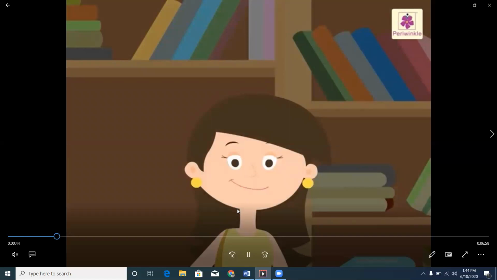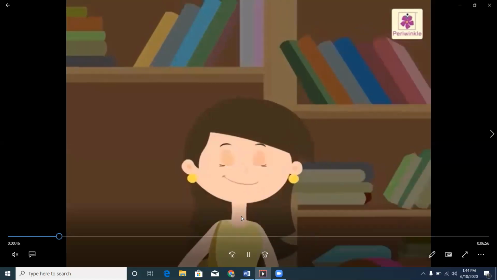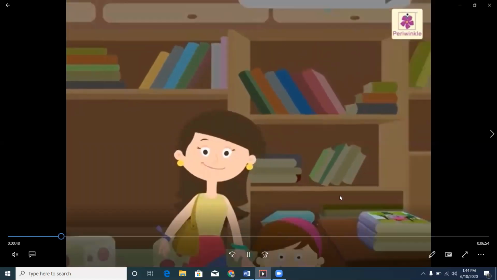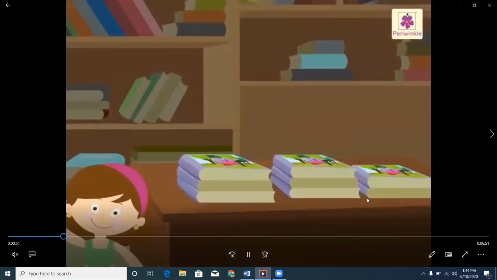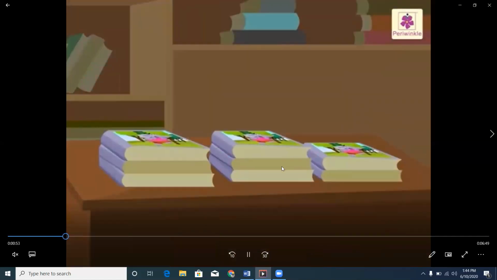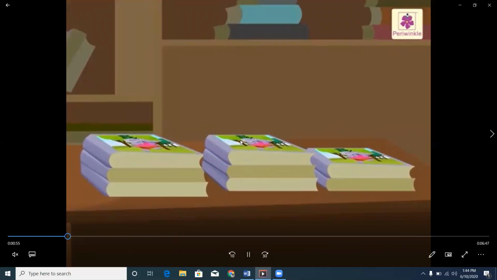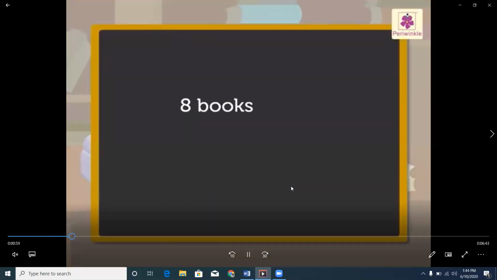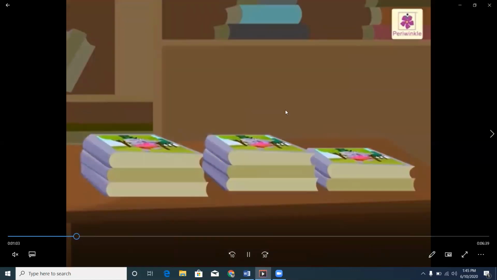Now what she wants to buy are some books from this pile of books. There are 8 books, can you see on the table, and their price is rupees 80. 8 books equals 80 rupees.